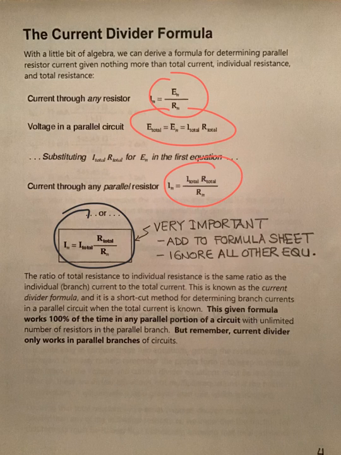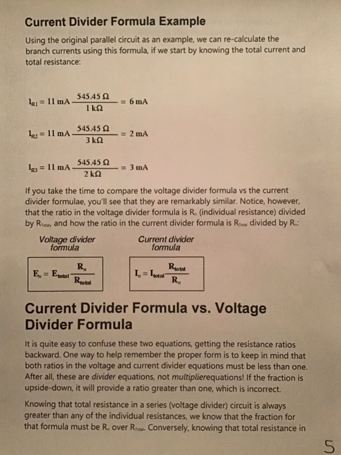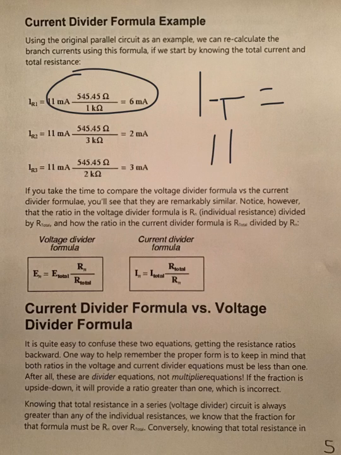As you are able to read through here, you'll see that they basically take a circuit with an 11 milliamp current source. This is IT, equals 11 milliamps.